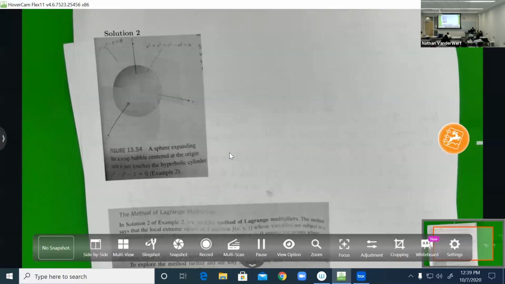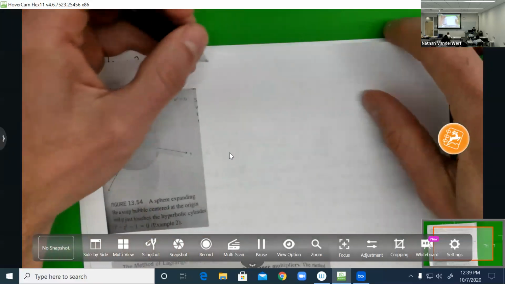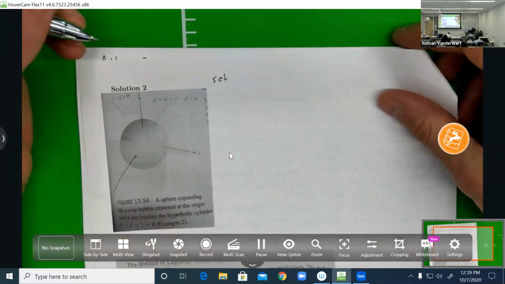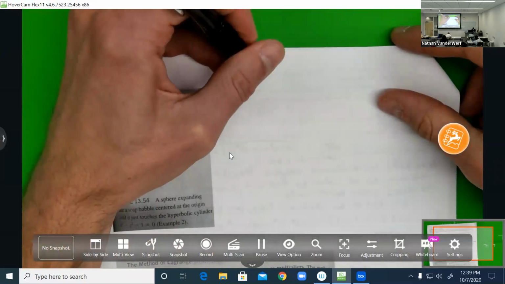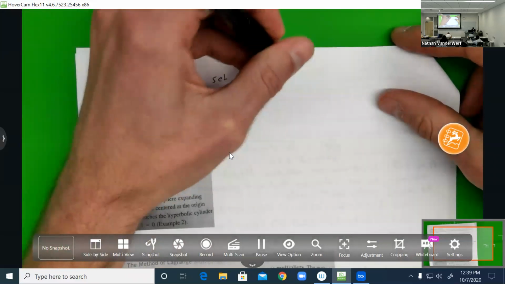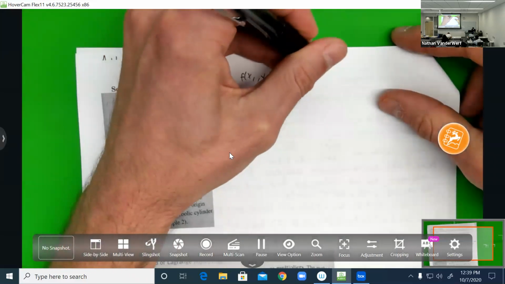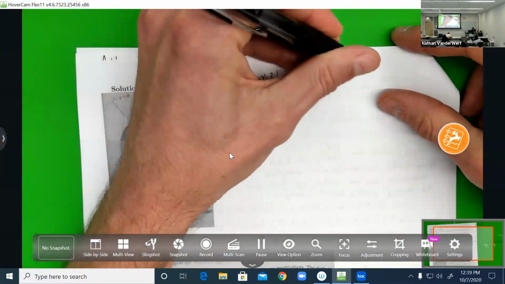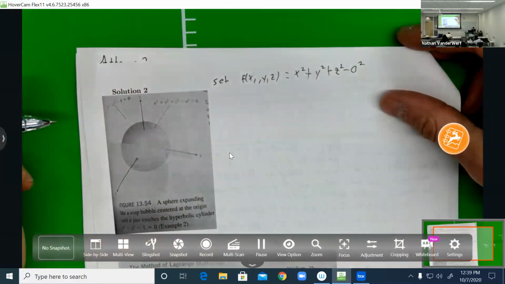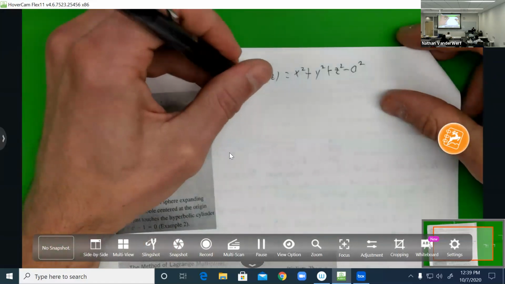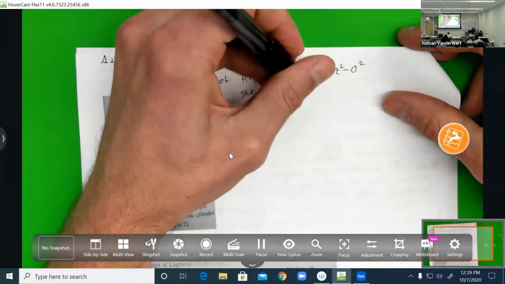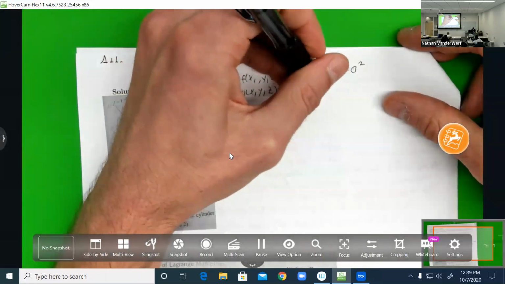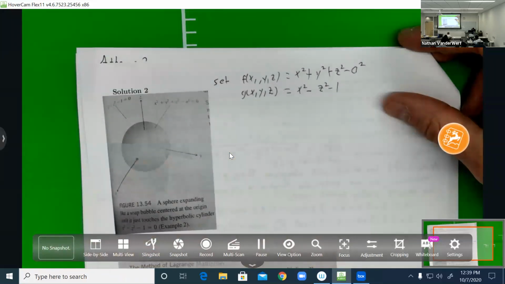So this time we're going to set f of x, y, z as x squared plus y squared plus z squared minus a squared, thinking of it as equal to 0, and g of x, y, z equal to x squared minus z squared minus 1.